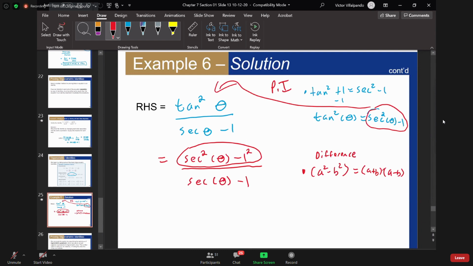It took me 30 minutes to finish proving something which was only like 1 minute long. It was a difference of squares technique. We haven't played with something like this in a while. Technically, I have secant squared minus 1 squared because 1 squared is still 1, so this satisfies the condition for me to use the formula for difference of squares.